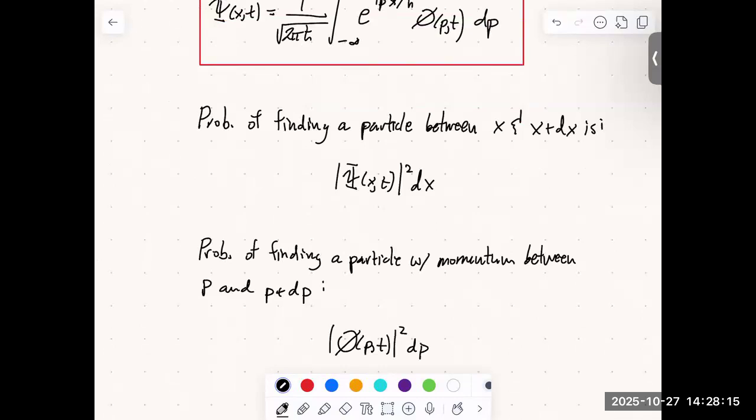And so there's this nice symmetry between the two. Sometimes it's convenient to work in momentum space. We've seen when that's the case, when we have free particles, those free particle wave functions are very conveniently eigenfunctions of the momentum operator. And so it's nice to work in coordinates of momentum.